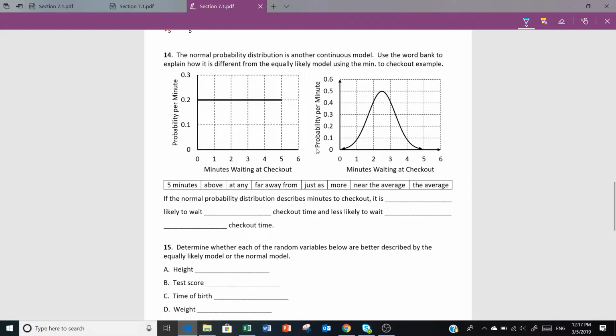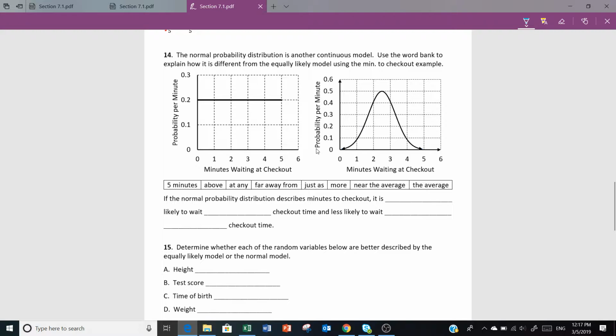Good. That's correct. That's right. See, you can do it. I think it's more likely to weight the average checkout time or near the average.